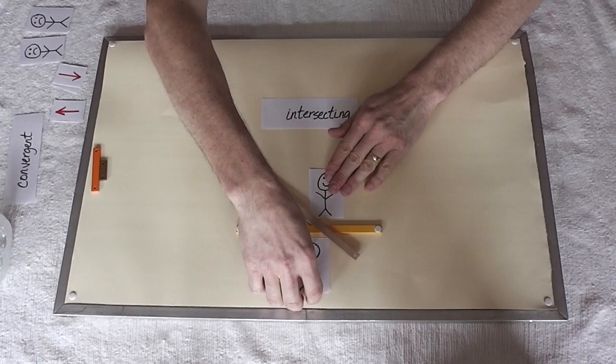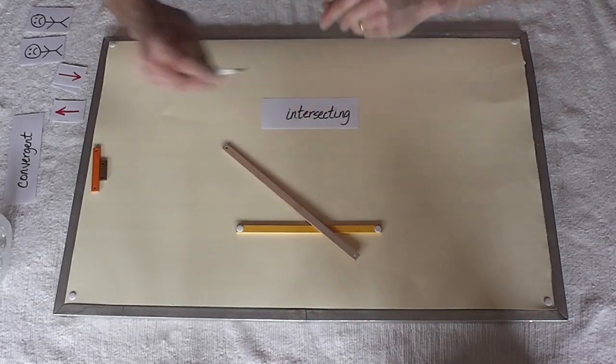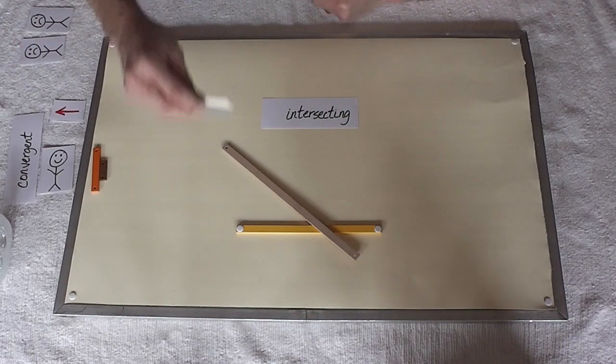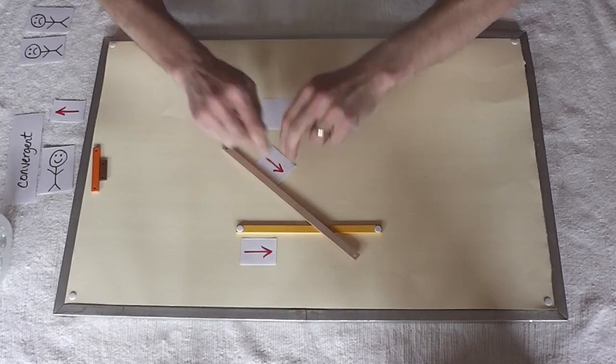So I want to talk about a term for the direction of the intersecting lines. I'm going to put an arrow here and an arrow here.